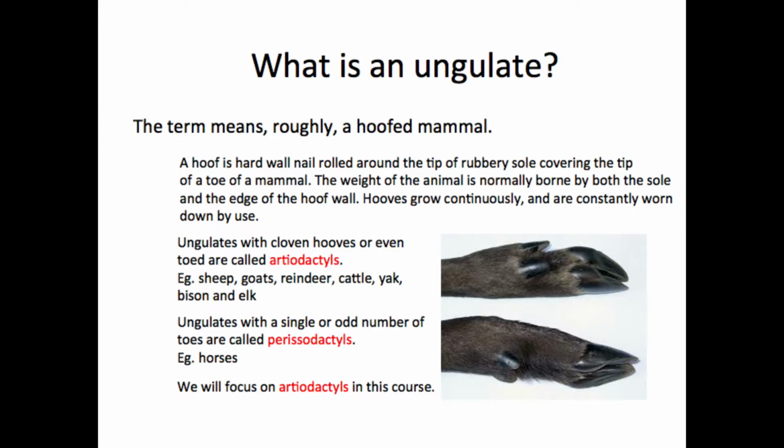Examples of that are sheep, goats, reindeer, cattle, yaks, bison, and elk. But you can also have ungulates with an odd number of toes or a single toe, and those are perissodactyls. A good example of that are horses. But in this course, we are just going to emphasize the artiodactyls.